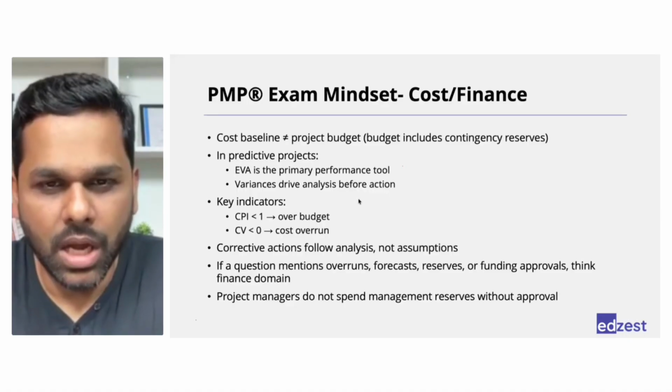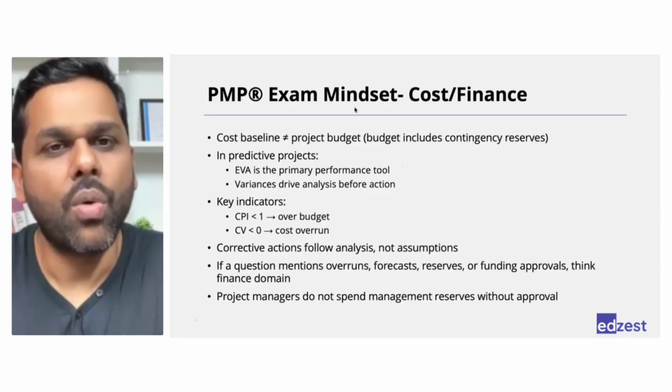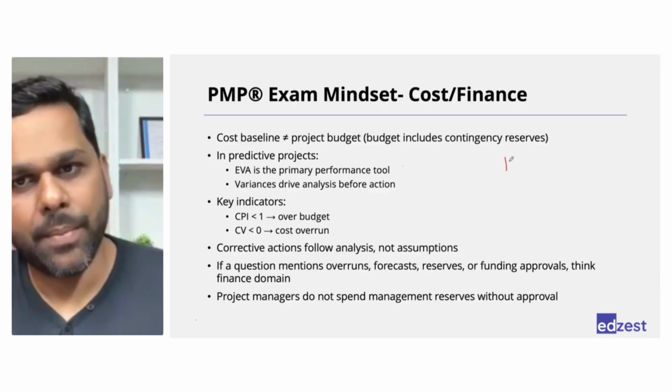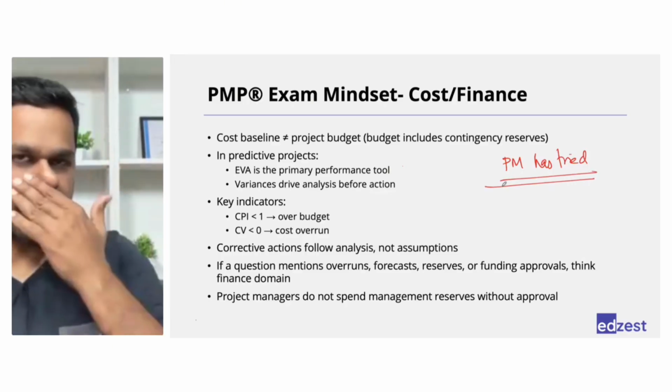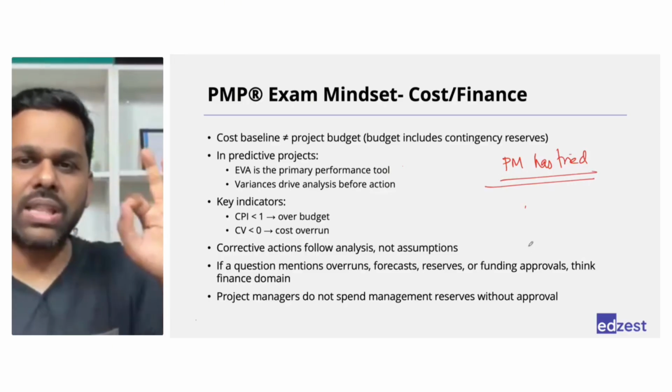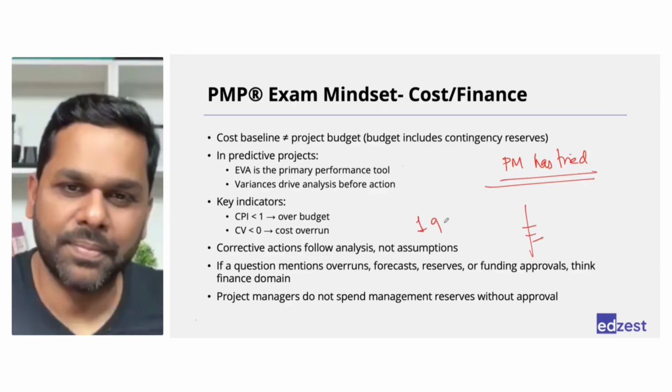Please guide us on when the PM is expected to escalate. Whenever the question says the project manager has tried something, in any way, only then you escalate, which is maybe one question in the exam.